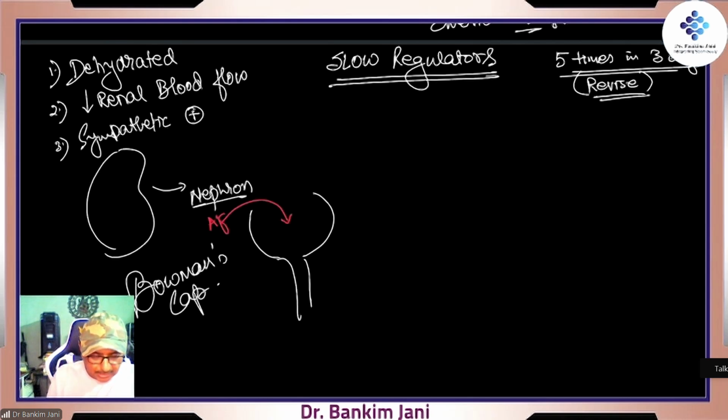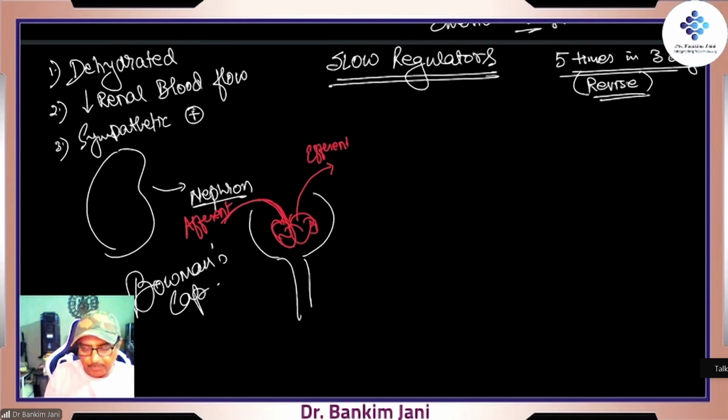They are called the afferent blood vessels. They are wide, so let's draw them slightly wide. And then there are efferent blood vessels. There is a tuft of capillaries, and then the efferent blood vessels, which are a bit narrow.